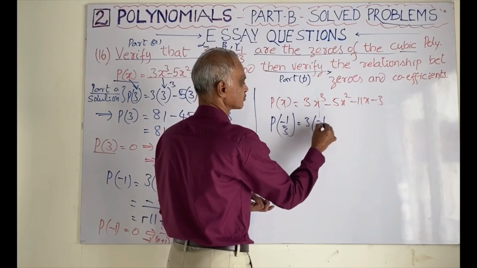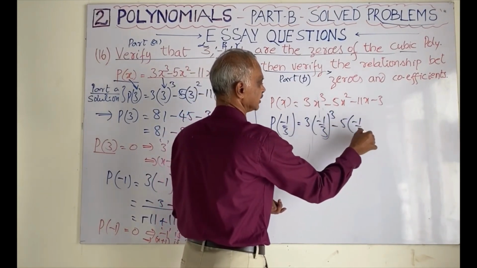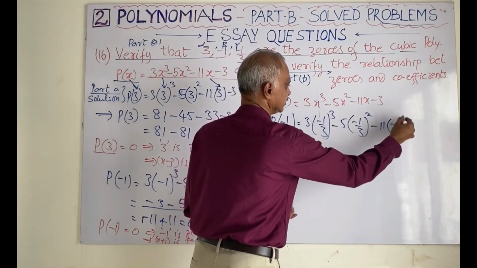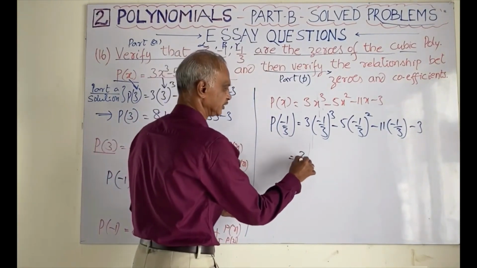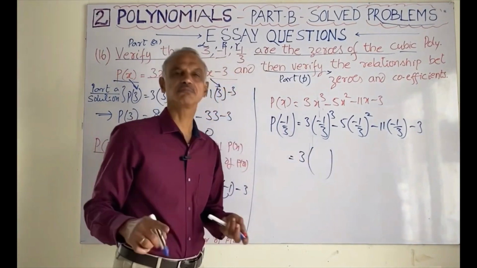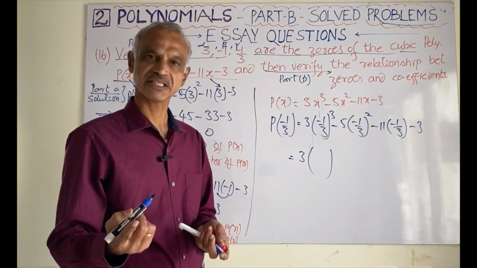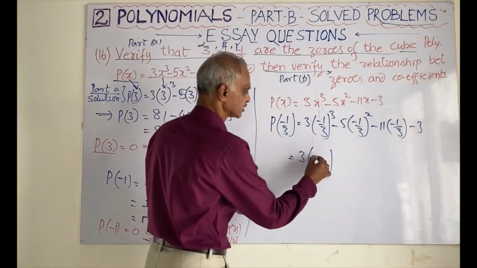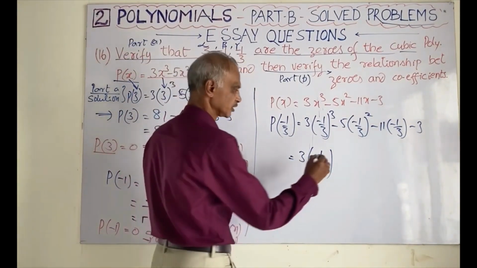3 into minus 1 by 3 whole cube, 5 into minus 1 by 3 whole square, minus 11 into minus 1 by 3, minus 3. Now 3 into minus 1 by 3 whole cube: minus 1 by 3 into 1, minus 1 by 3. You will get minus 1 by 27, since 3 cube means 27.